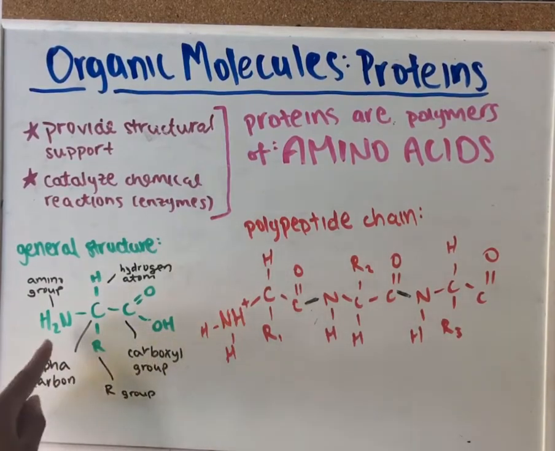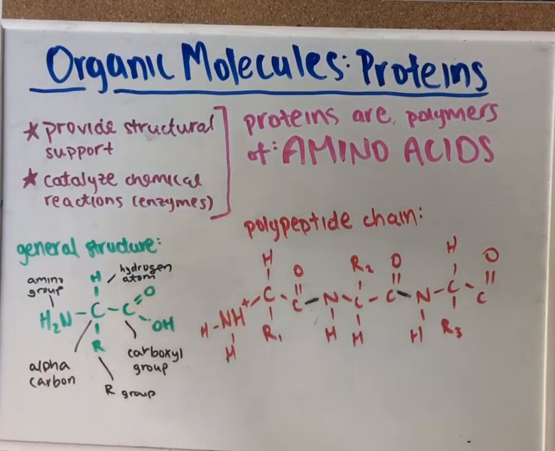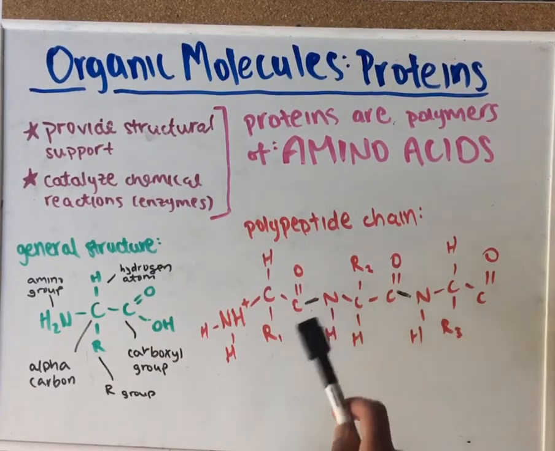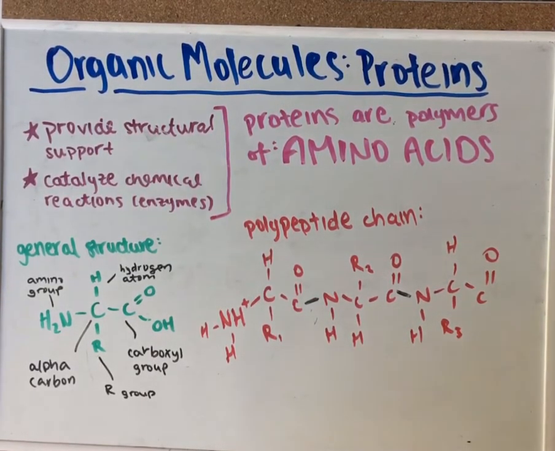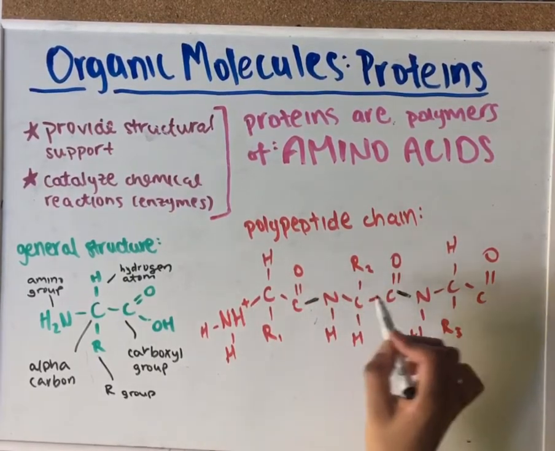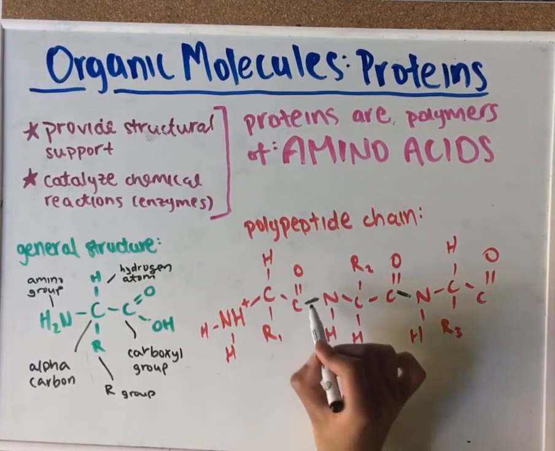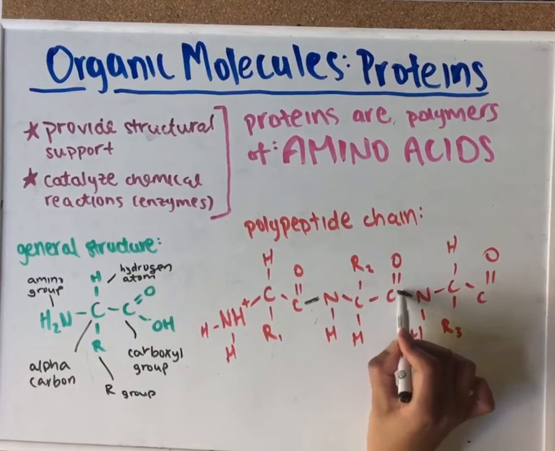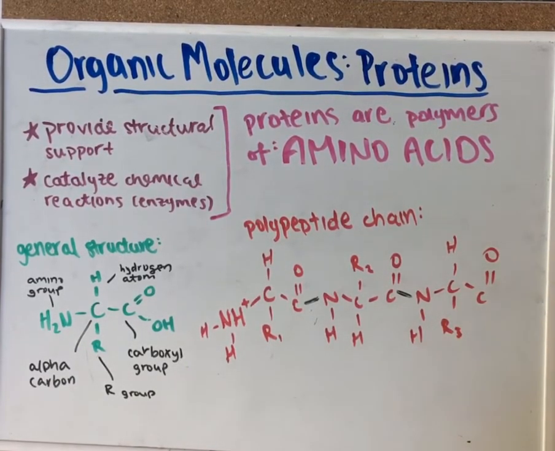As you can see, all of these bonds are covalent bonds, and they are linked together to make polypeptide chains through a peptide bond. So all the red bonds are covalent bonds, and these black ones, this one and this one, are the peptide bonds which link the different amino acids together.